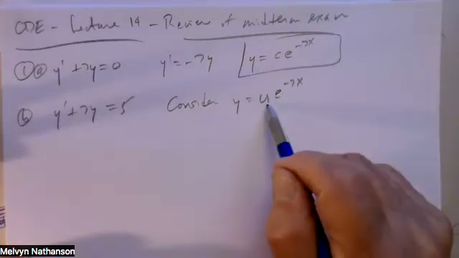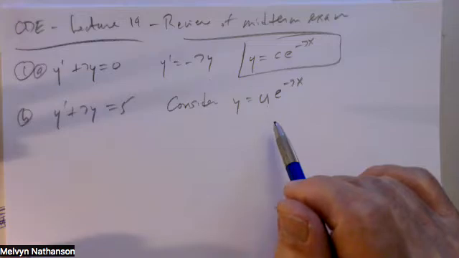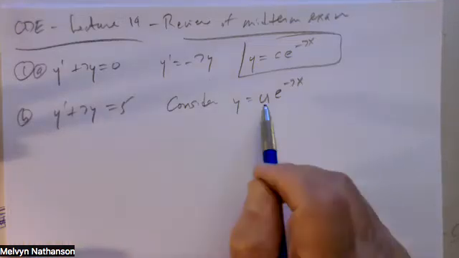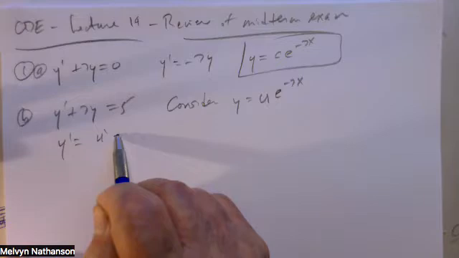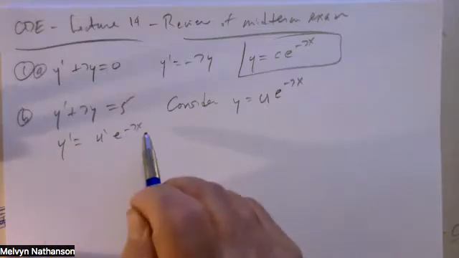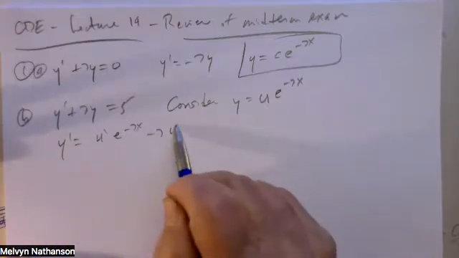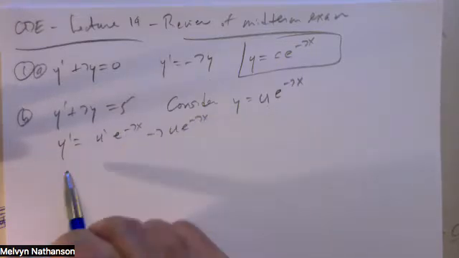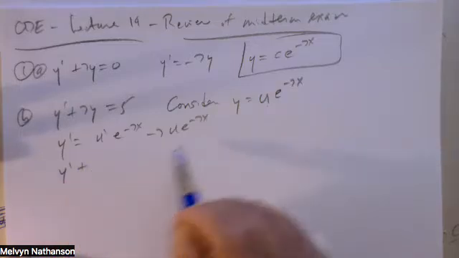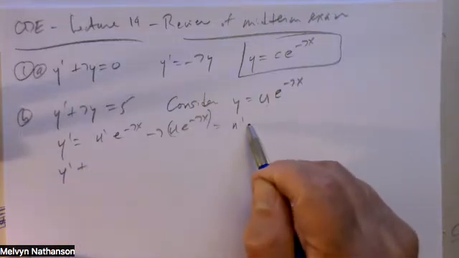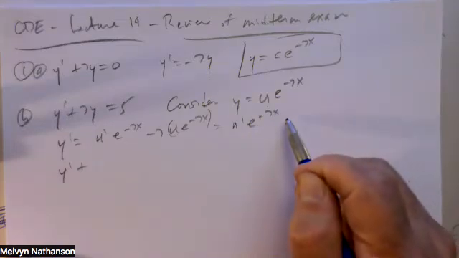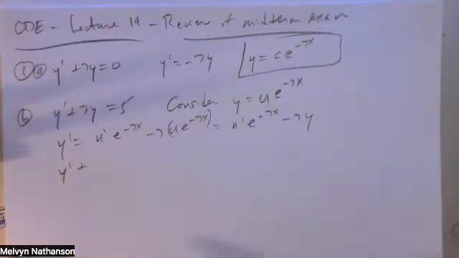So we want to look for a solution of the form y equals u times e to the minus 7x. In that case, if you differentiate it, y prime is u prime e to the minus 7x minus 7u e to the minus 7x. This is u prime e to the minus 7x minus 7y.